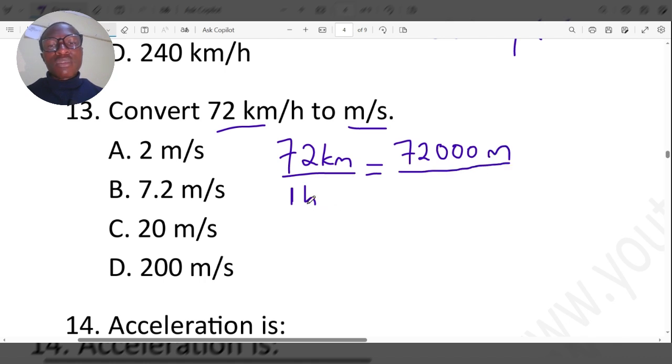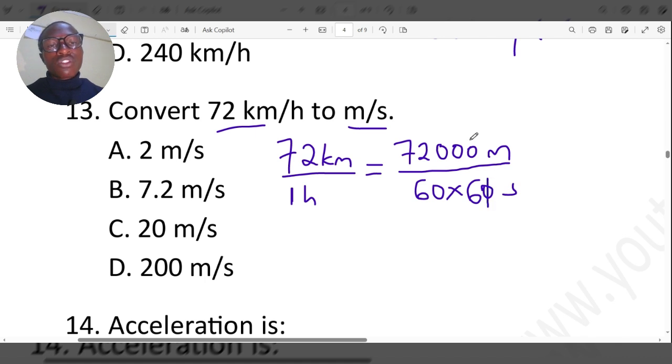Then we divide by 1 hour, which is the same as 60 minutes, and 1 minute has 60 seconds. For you to get to seconds, you first convert to minutes, and then you convert to seconds. So 60 times 60, and by that you will have got all the way to the second.